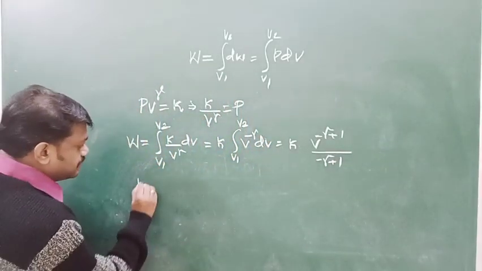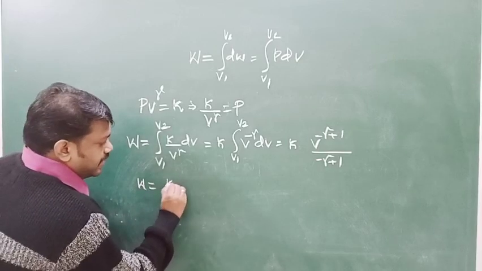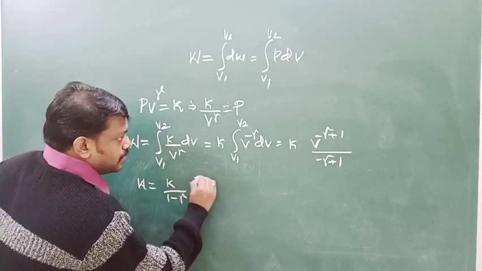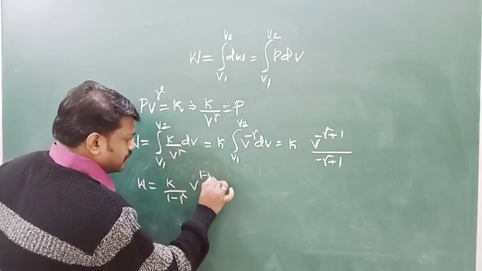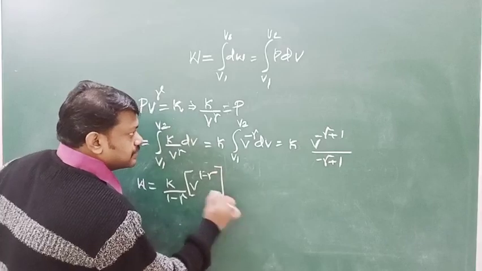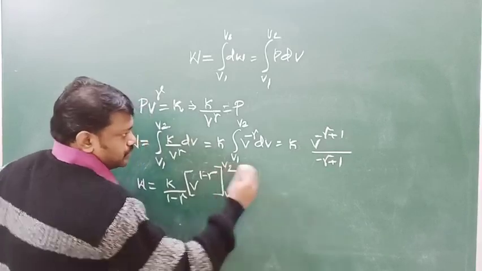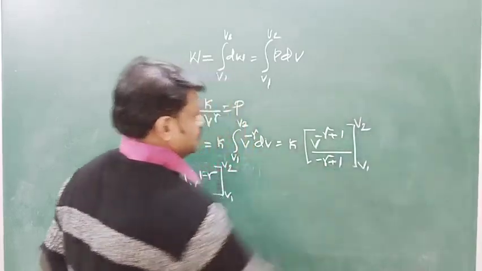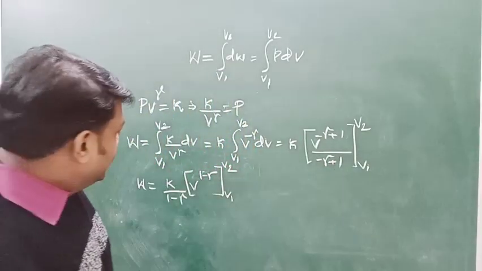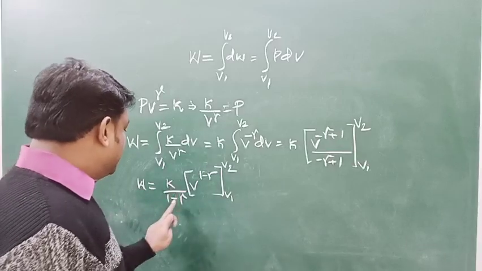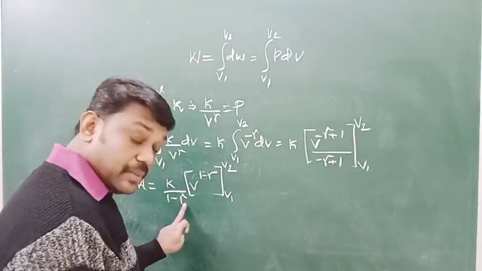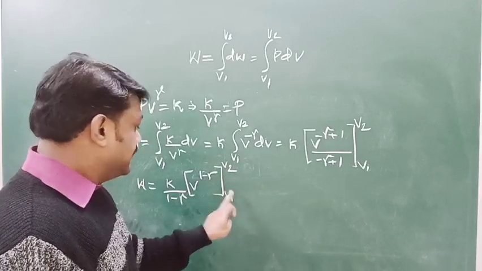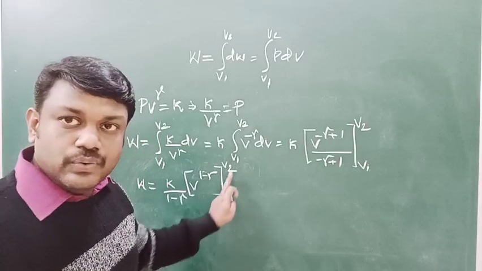Okay, so W equal to K divided by 1 minus gamma into V to the power 1 minus gamma within the limit V1 to V2.